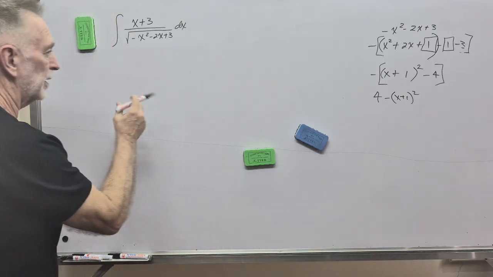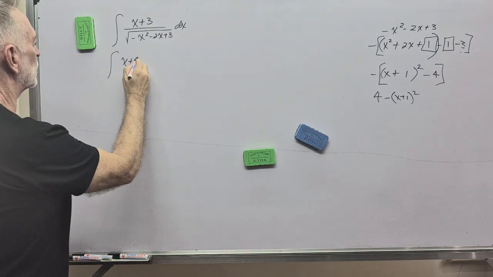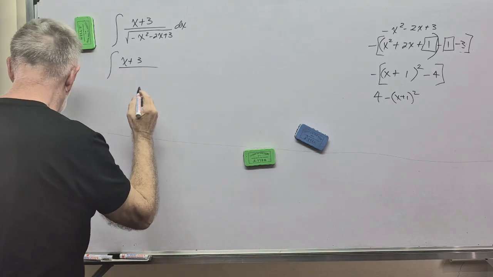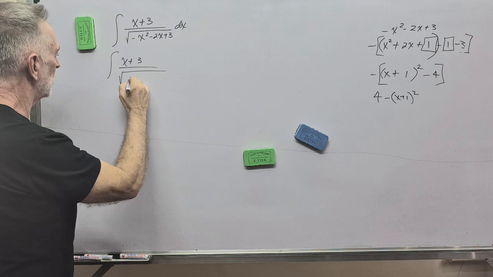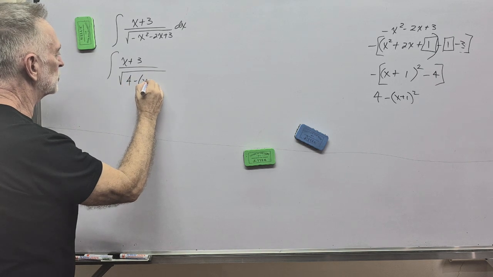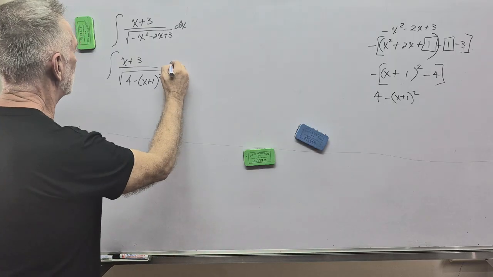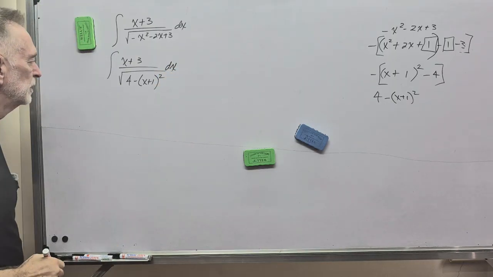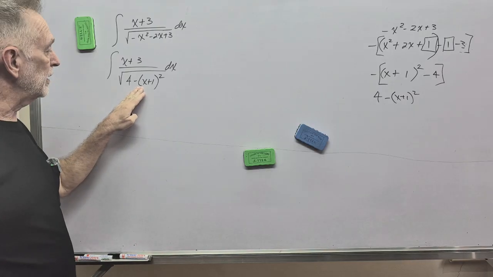All right, let's plug in the blanks here. What do we have? We have x plus 3 divided by the square root of 4 minus x plus 1 squared. Integrating that with respect to x. As I just mentioned, that looks like sine.